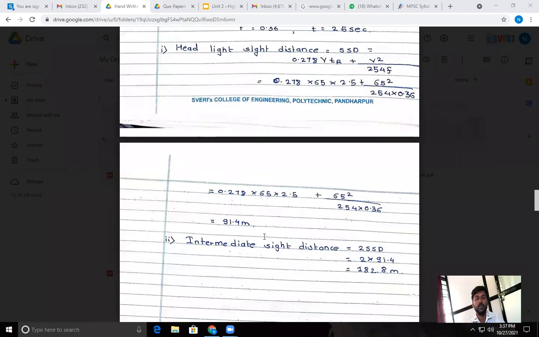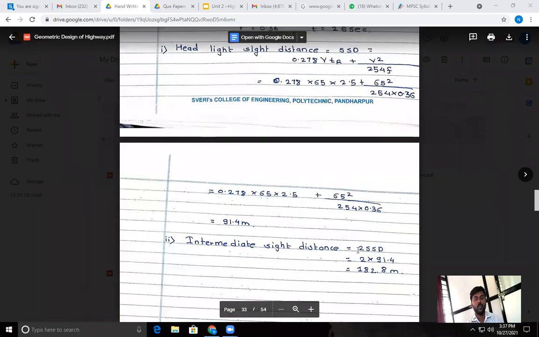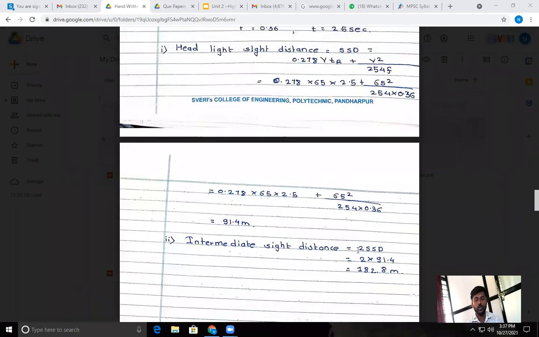So by this formula, how much will the SSD come? It comes to 91.4. Most of you have answered correctly. 91.4 is the SSD, and for ISD just multiply by 2. ISD is equal to 2 into SSD.